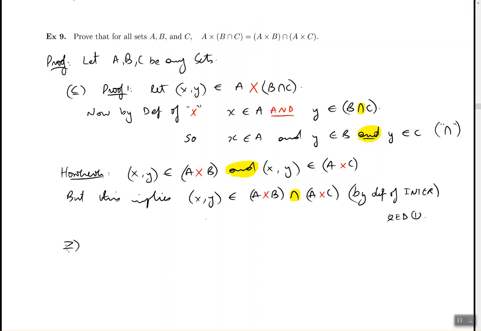We're going to be doing proof 2. So what's happening in proof 2 is this. We're going to start with the element being on the right side of the equation, and we're going to show that it's an element of the left side of the equation.